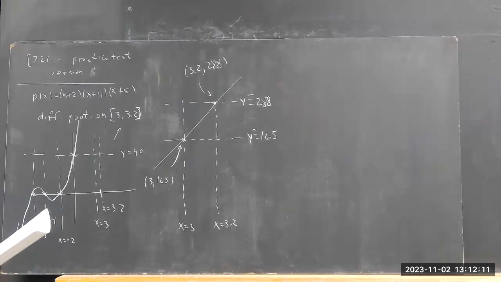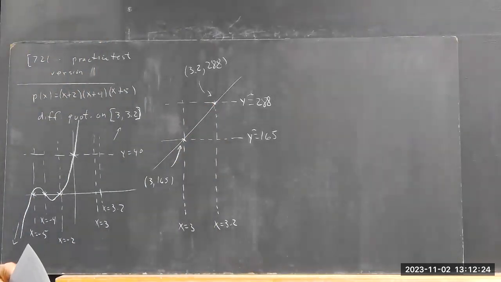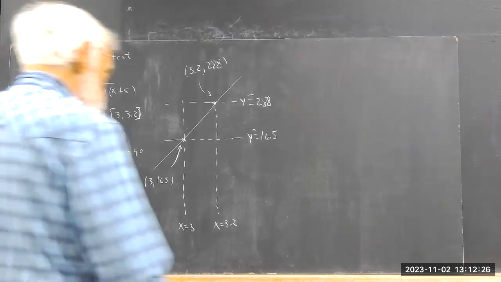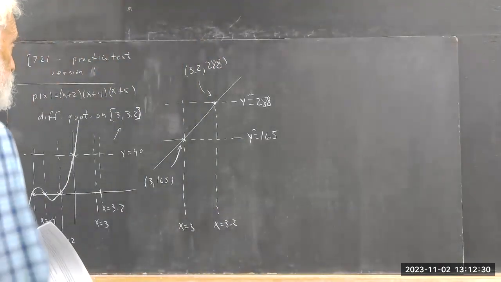Now, it doesn't tell you to do that. It tells you to evaluate the difference quotient. The difference quotient is the slope between the 2 points. So you want to remember that.